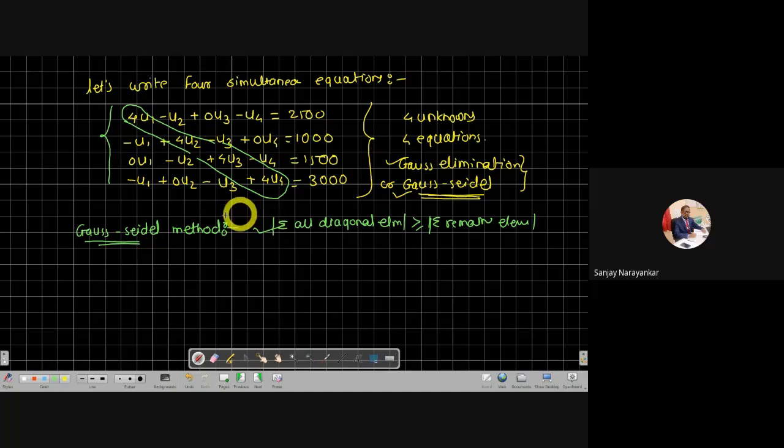If not, then you have to switch the equations, ensuring that this condition gets satisfied. It is not always mandatory to have the maximum values along the diagonal. In some cases, you have to compromise the maximum value, but ensure that this condition is satisfied.